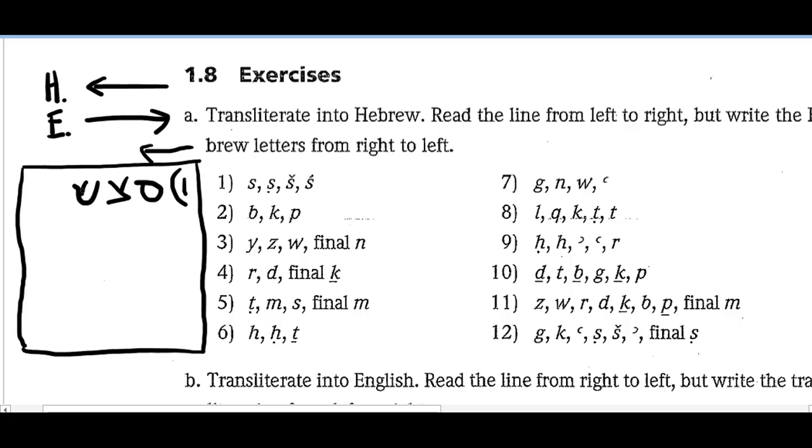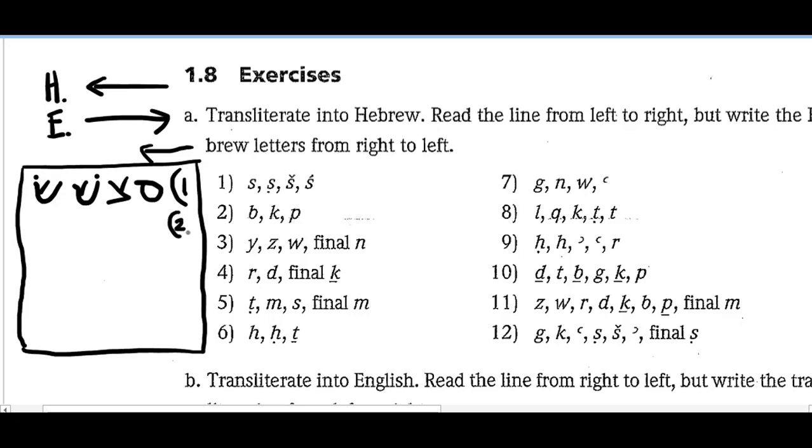That would be, right, sheen. And then this S with that diacritic mark is going to have the dot on the left side, sin. Okay, so your Hebrew needs to go from right to left in the opposite order that your English went. Whatever the first English letter is has to be the first Hebrew letter going the other direction.